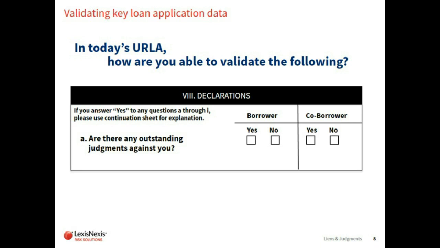So in this example, if the data doesn't show up on a credit report, but you see it on the Form 1003 or the loan application, what is your way of validating the accuracy of that data? Now, if you are currently using a third-party report that identifies liens and judgments tied to consumers, or considering using one, it's important to recognize the importance of using reports or tools that are compliant with industry regulations or expectations.